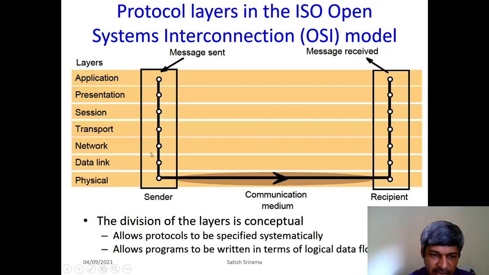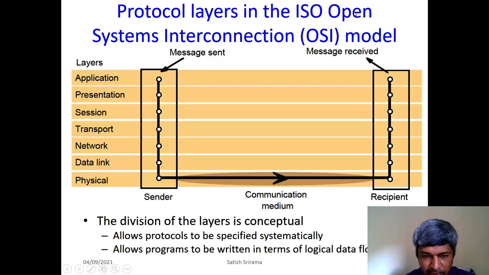Eventually it comes to the physical layer, where the electronic signals are sent using packet switching. These packets are received at the recipient, and then they go up through the same layers so that the message is received at the application layer. Many things are happening across these layers in this network architecture.